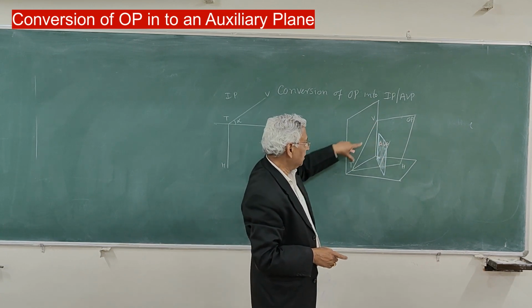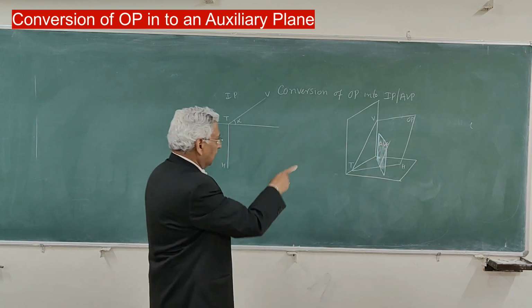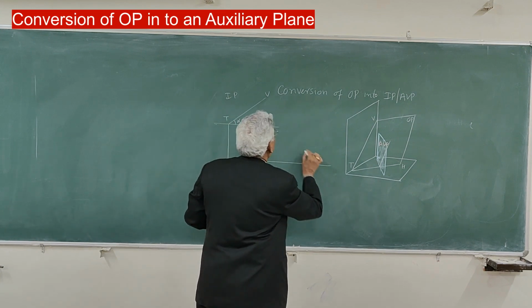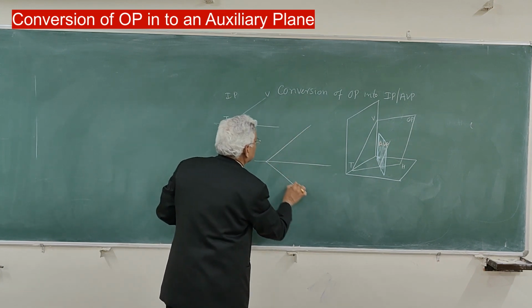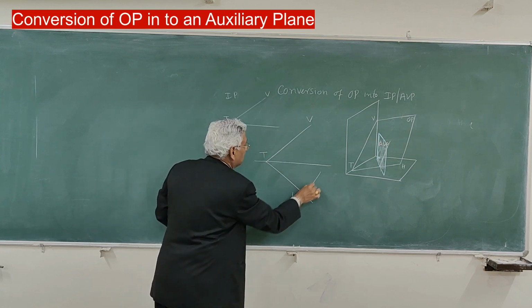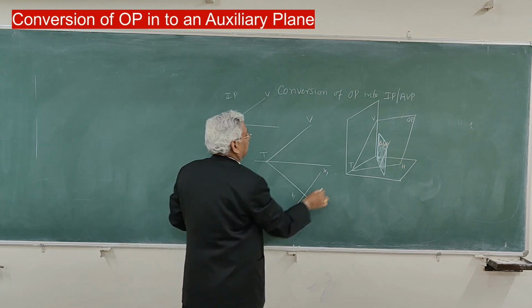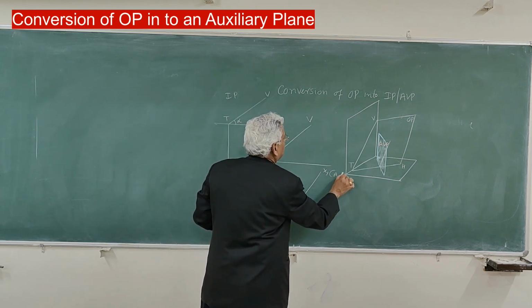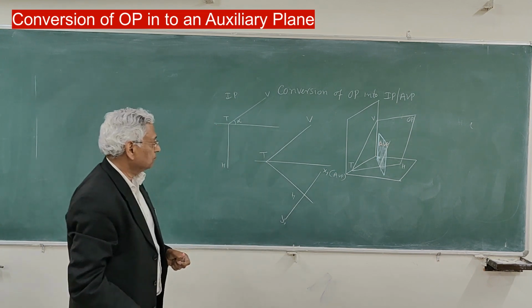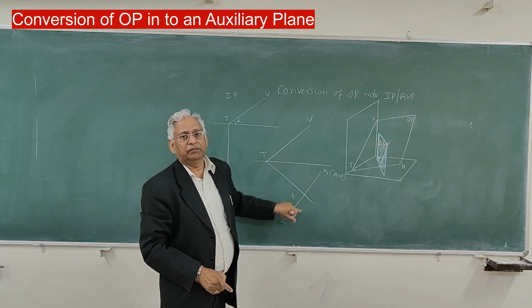So if you are given an oblique plane VTH, take a plane which is perpendicular to horizontal trace, and this plane is ABP. You can take here, you can take here also, doesn't matter. And now project this line VT on this ABP.